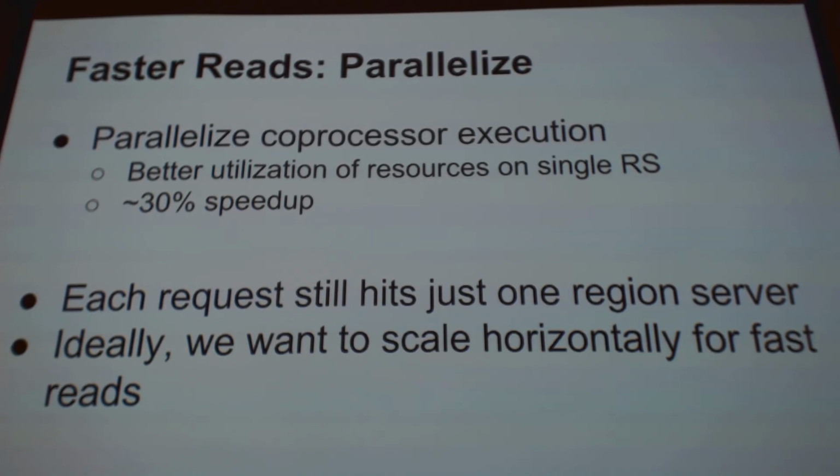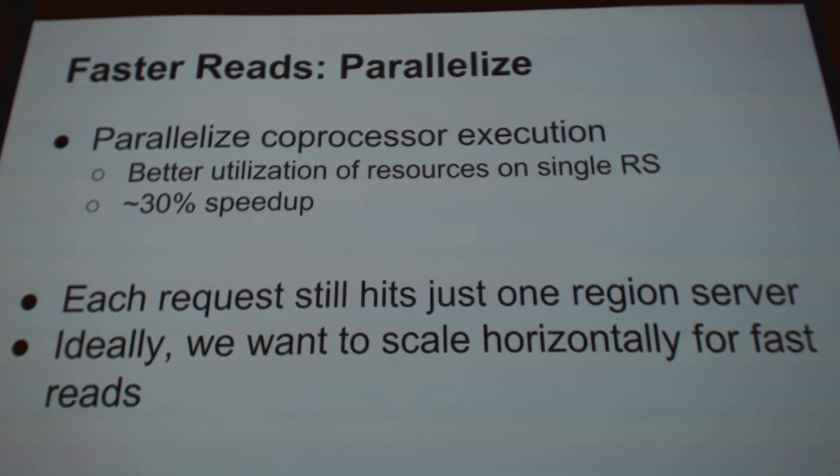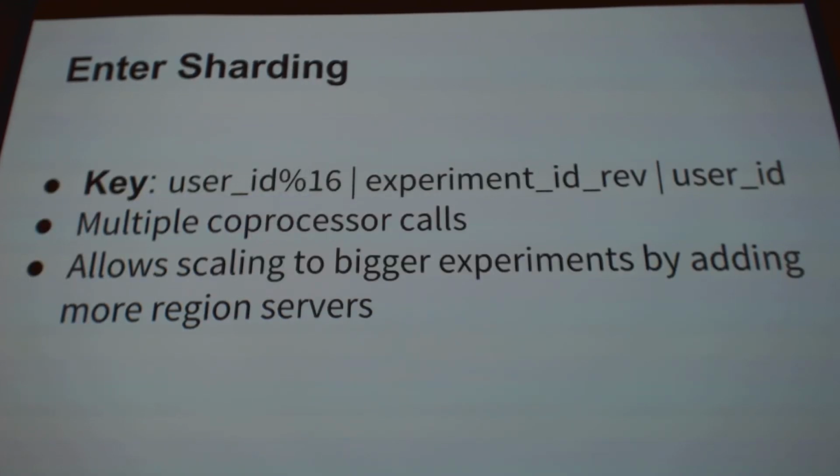Therefore, ideally, we want to scale horizontally for bigger experiments, so that if you have bigger experiments, you should just be able to add more machines to it and scale with the same latencies. To be able to do that, we added a component of the user ID as a prefix of our row key, as you can see here.